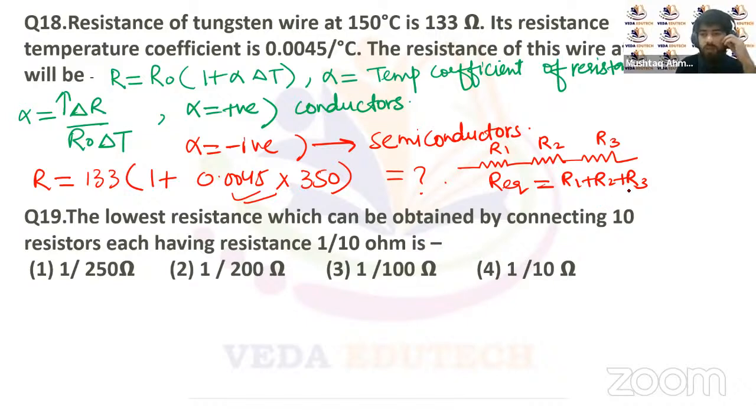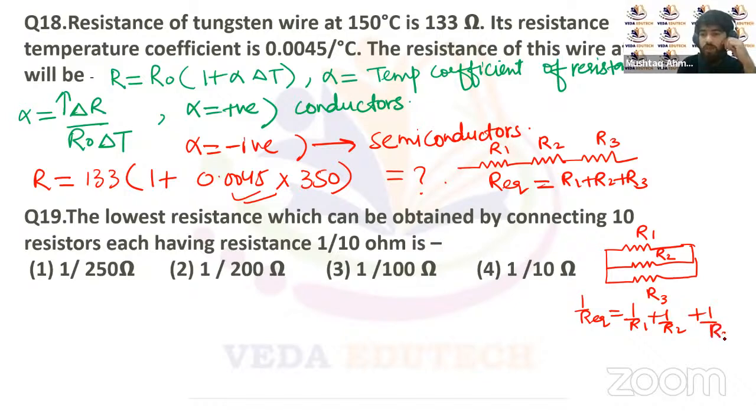But in the case of parallel combination, if we have three resistances R1, R2, and R3 in parallel, their equivalent resistance is given by 1 upon R equivalent equals 1 upon R1 plus 1 upon R2 plus 1 upon R3.